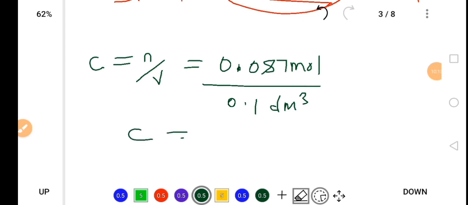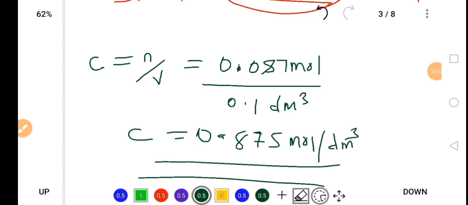Therefore, concentration will be equal to 0.875 mole per decimeter cubic. Wonderful. This is how far you are supposed to go.